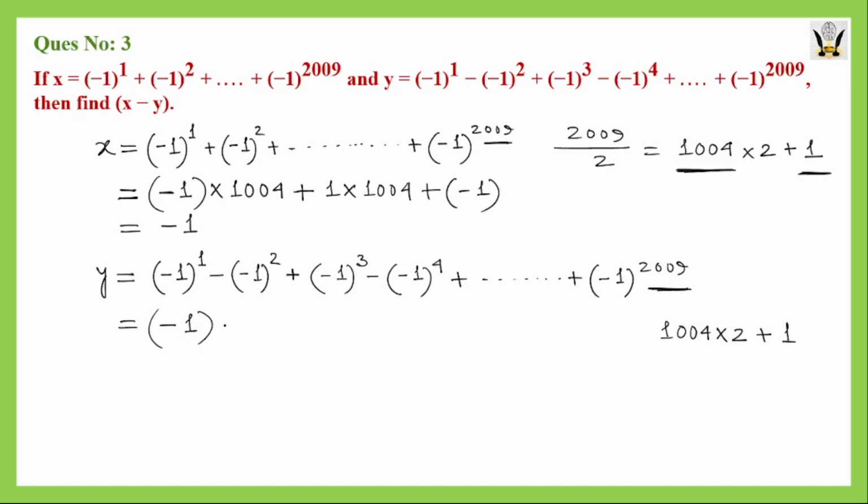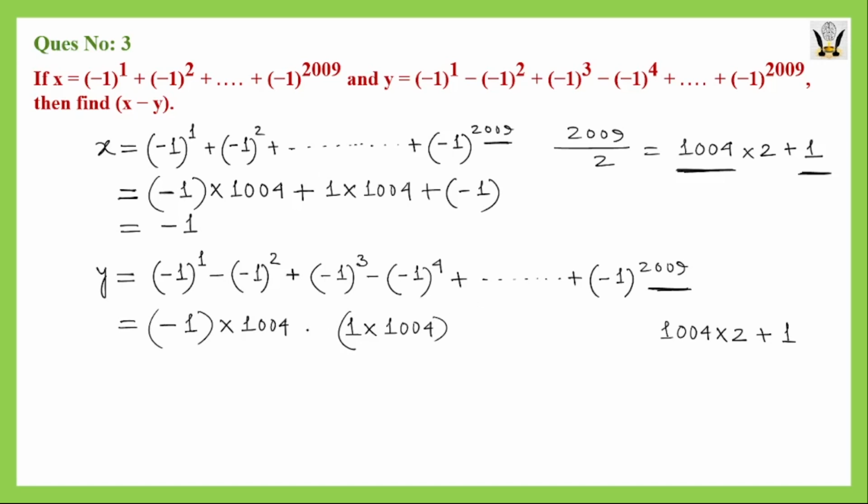So how many terms? -1 will be repeated 1004 times, and then this term -1 and the power is even, so that value will be 1, and again that type of 1 we will have 1004 times, so 1 will be multiplied by 1004 times. And for every term which we have at the even position and whose power is also even, that term this time itself is negative. So for every term, as we can see, in the second position, in the fourth position, in every even position that value will be negative.